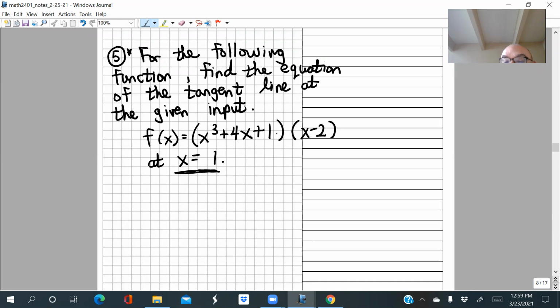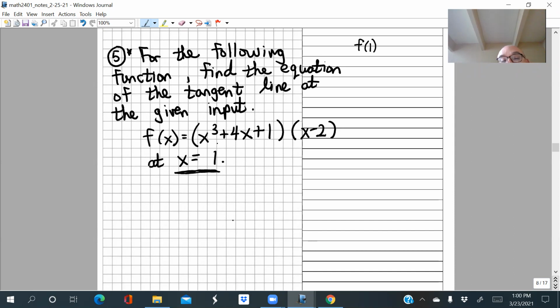So how can you find the point on the curve at x equals 1? Plug 1 into your equation. So the first thing we have to do is calculate f of 1, because that will give us a point on the tangent line. Okay, so I want to compute f of 1.